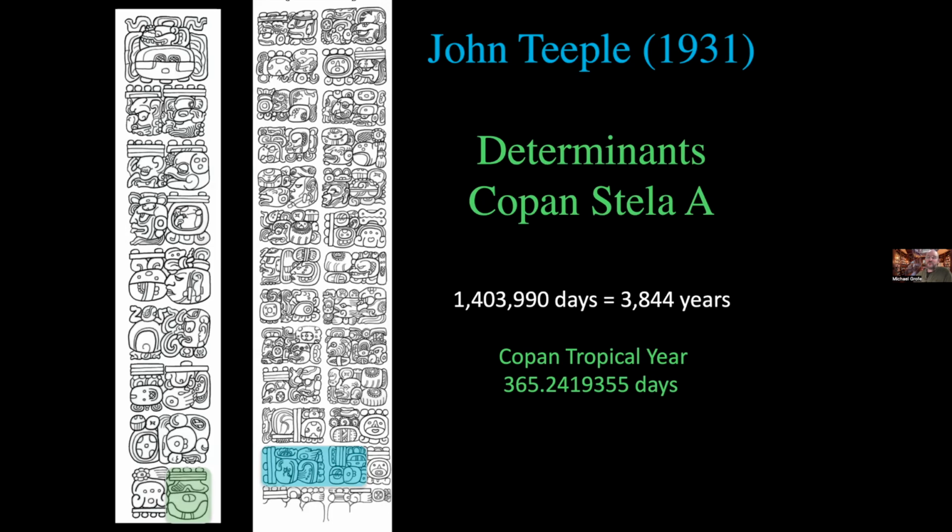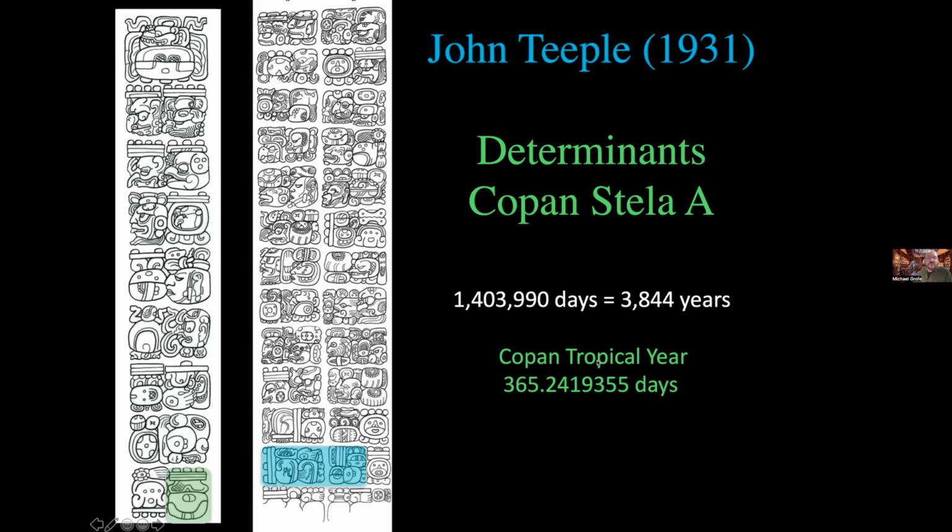And so many people have suggested this is far too accurate. If this was the case, this is even more accurate than the Gregorian interpretation of the tropical year, which works out to 365.2425 days. So in this case, the Copan tropical year that Teeple calculated would be a little short of the actual mean tropical year, whereas the Gregorian calculation is just a little tiny bit long, but this one's closer.